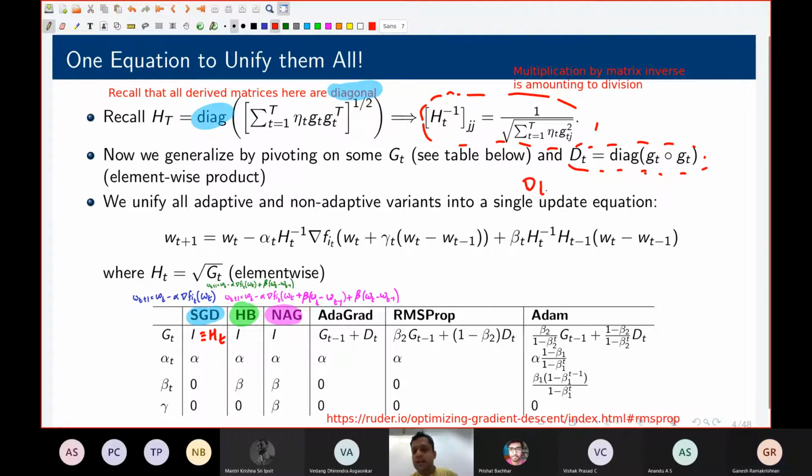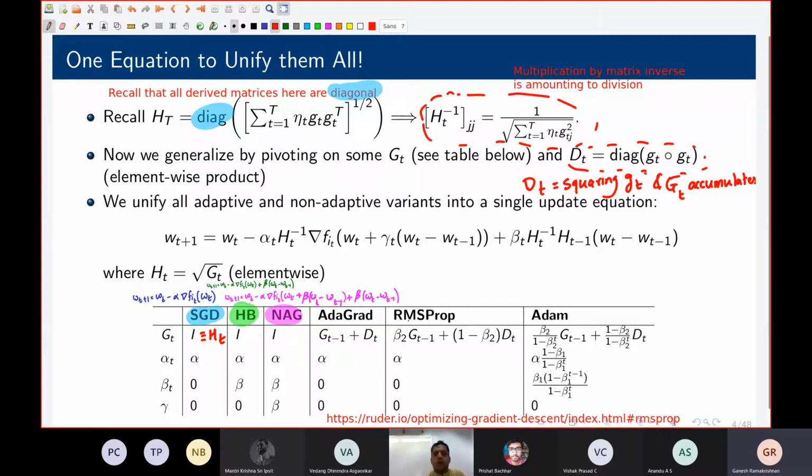DT is squaring GT, whereas GT is accumulation. You can see that GT has an update here. AdaGrad has an update. So GT accumulates.